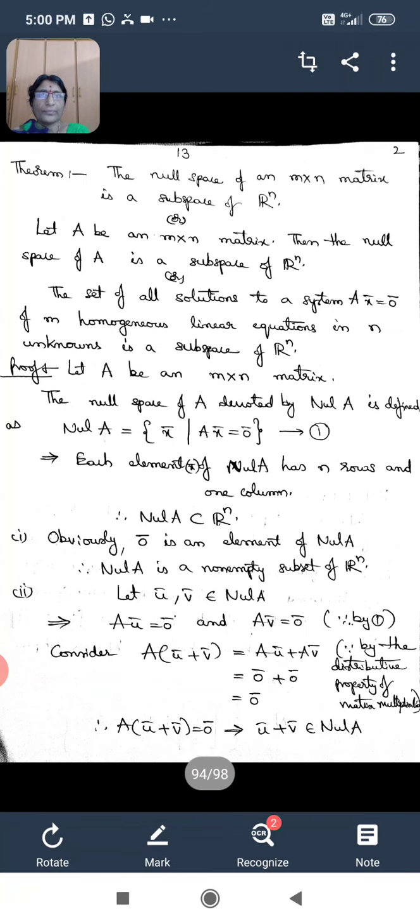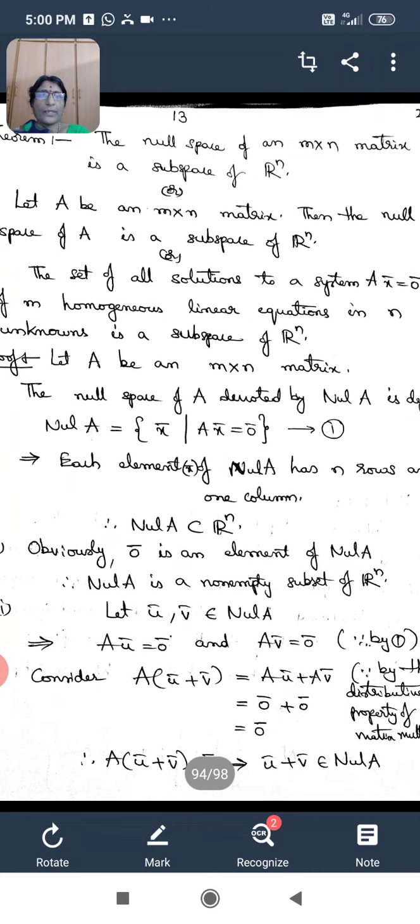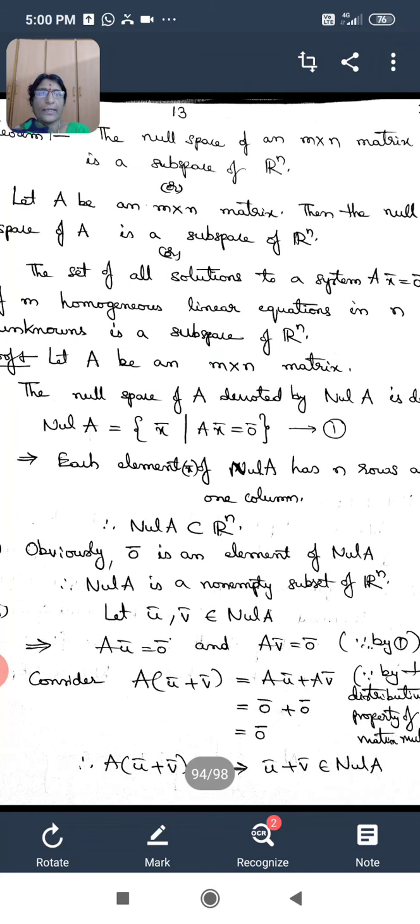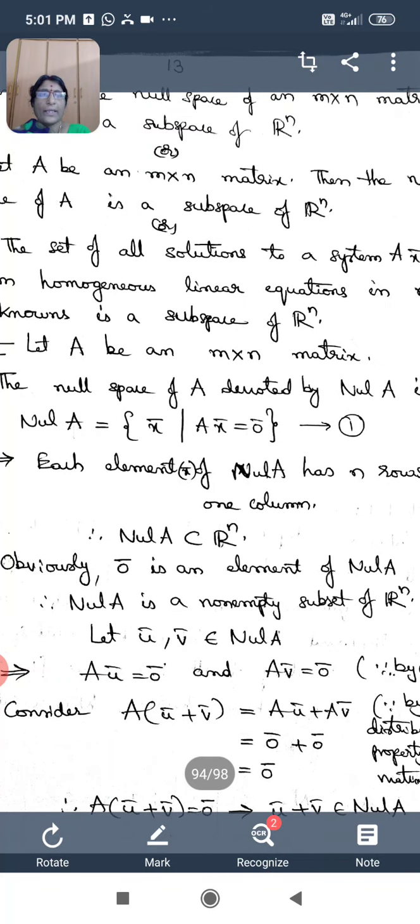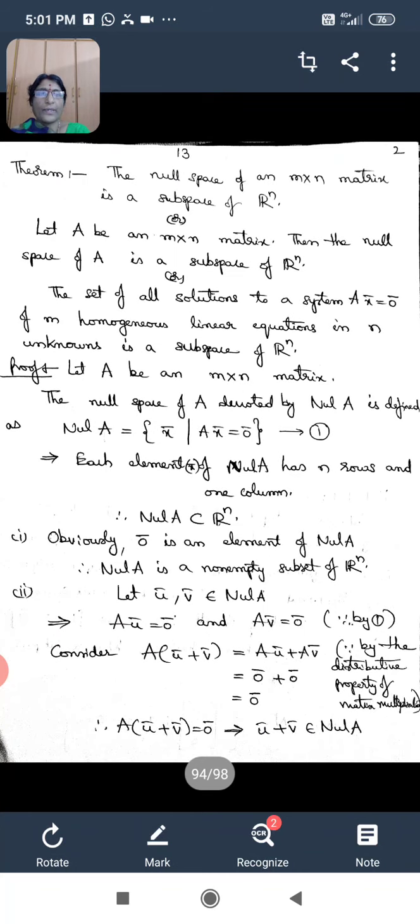So now, moving on to the second condition, to prove that the sum, that means vector addition, exists in null A. For that we need at least two vectors. So consider two vectors u bar, v bar belonging to null A. Then as u bar belongs to null A, by the definition of null A we can say that A u bar is equal to 0 bar, because in equation 1 we said that null A consists of all the elements x bar such that A x bar is equal to 0 bar.